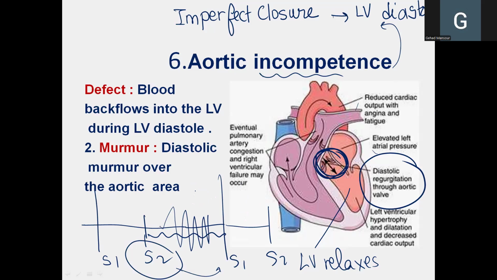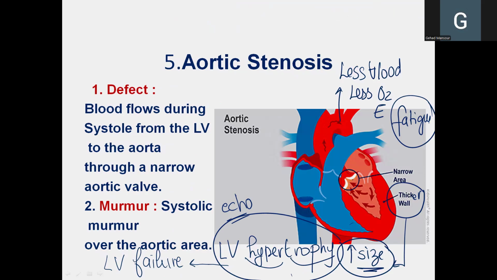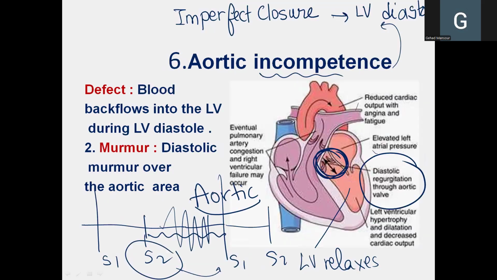We can differentiate by the site. Here, this diastolic murmur of regurgitation can be best heard again over the aortic area. Notice that we have heard aortic stenosis over the aortic area, and we have heard aortic incompetence over the aortic area.